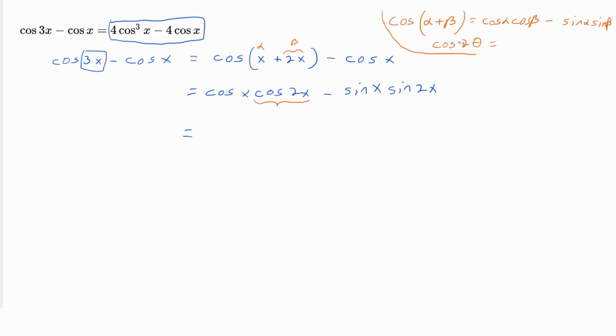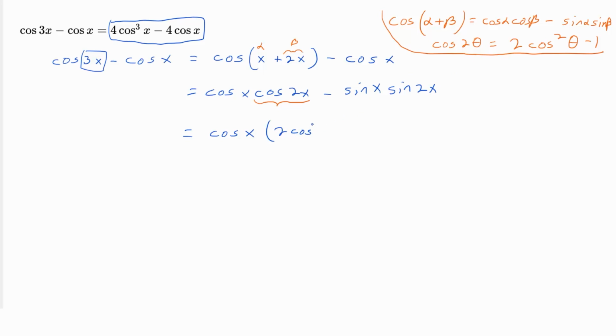So I think I want to use the one with just cosine. So cosine 2 theta, remember, equals 2 cosine squared theta minus 1 is one of our identities for the cosine of 2 theta. So I'm going to make that substitution right here. And if I do that, I get cosine x, and then times, let's put it in parentheses, 2 cosine squared.